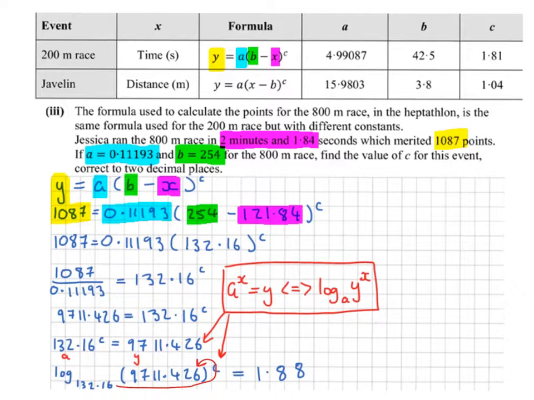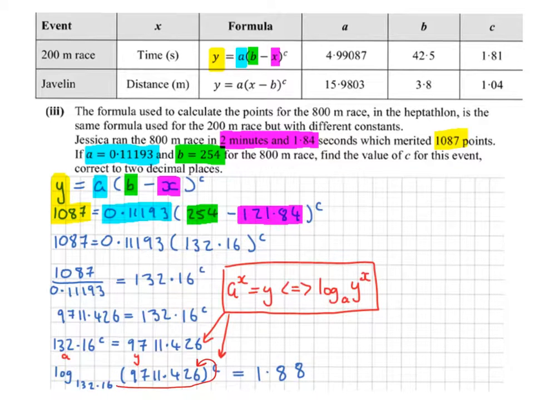9,711.426. Now I'm going to use my log formula, which states that a to the power of x equals y can be rewritten as log base a of y equals x. So the a is going to be the 132.16. The y is going to be the 9,711.426.